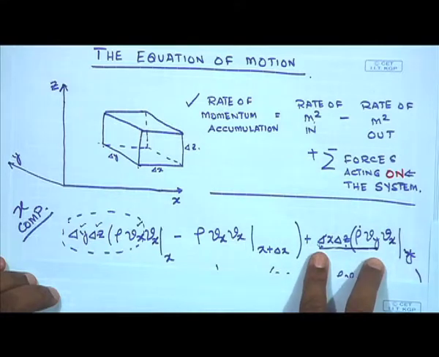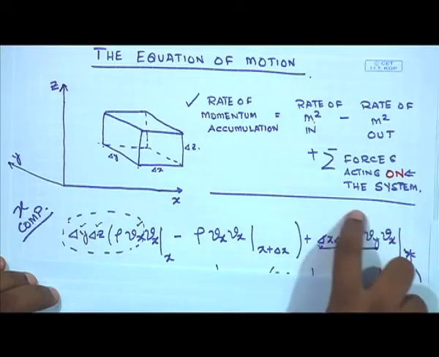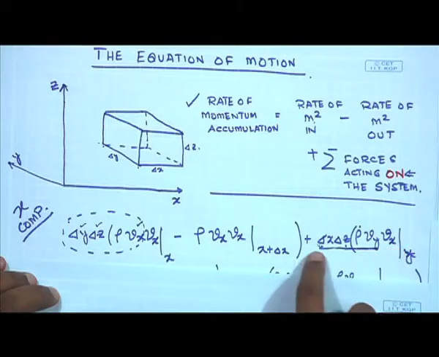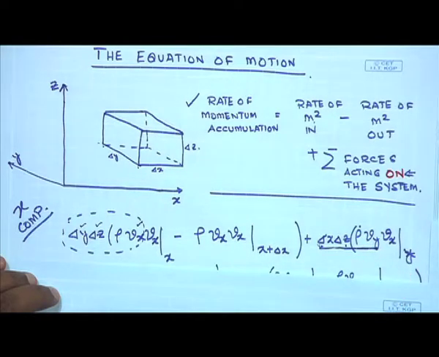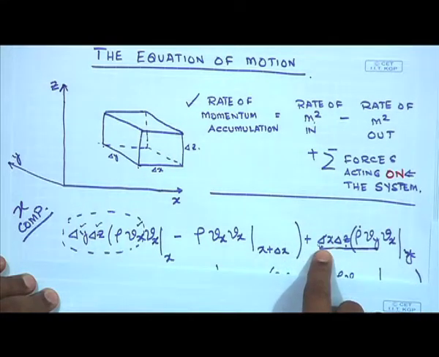This mass of fluid has an x component of velocity. If I would like to find out the x component contribution to momentum, I simply have to multiply it with Vx. So the mass coming in multiplied by the component of velocity in the x direction at that point gives me the amount of x momentum, that is important, the amount of x momentum coming into the control volume through the phase at y.